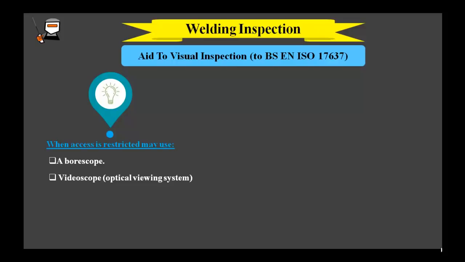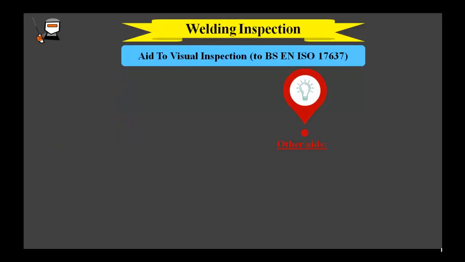A borescope is an optical device consisting of a rigid or flexible tube with an eyepiece on one end and objective lens on the other, linked together by a relay optical system in between. Optical viewing system or video borescope is an advanced type of borescope that houses a very small image sensor embedded into the tip of the scope.